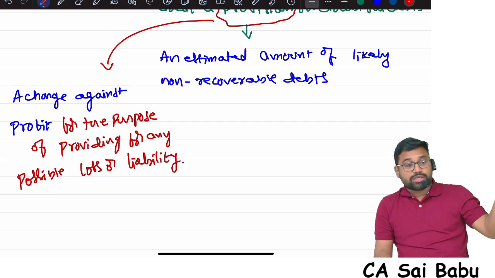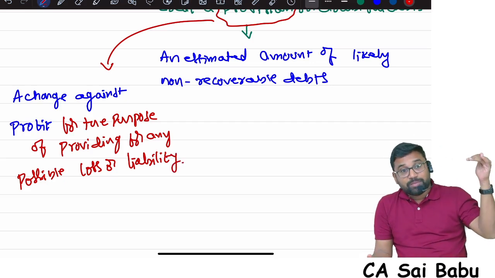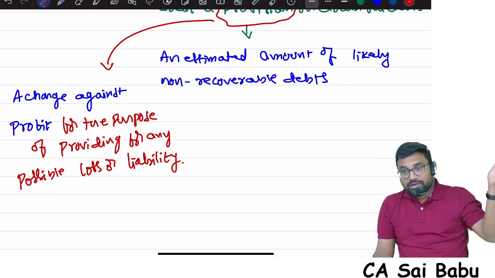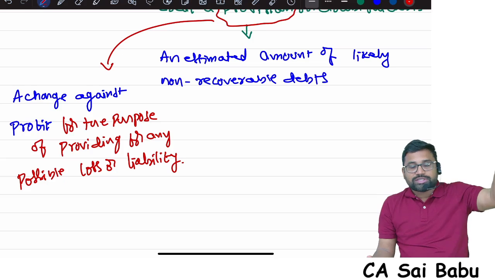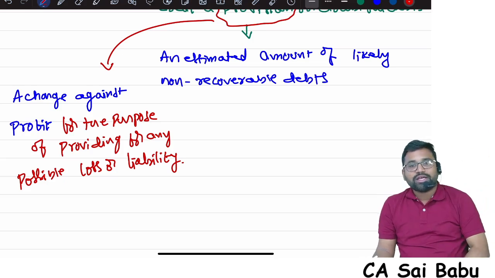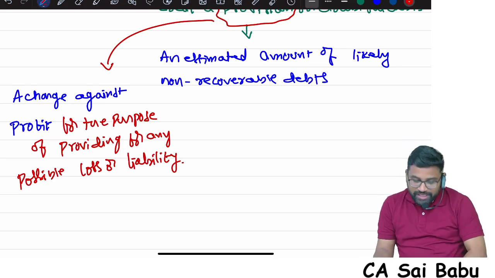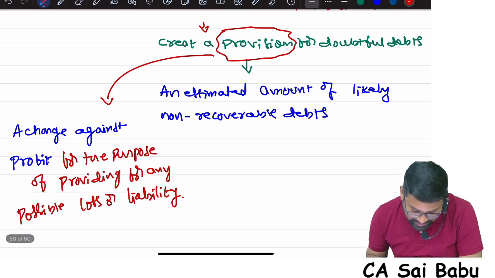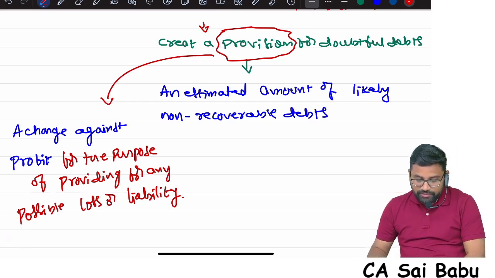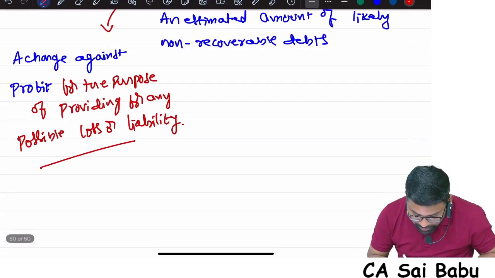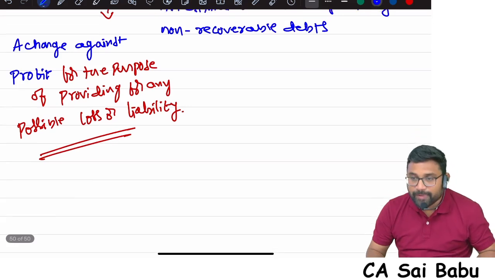In future, any loss may come, any liability may come. To face that loss, what do I need to do? I have to create a provision. Provision should be created from profits. That is why it is called a charge against the profit, for the purpose of providing for any possible loss or liability. Therefore, whenever you create a provision, what is the entry you will write?